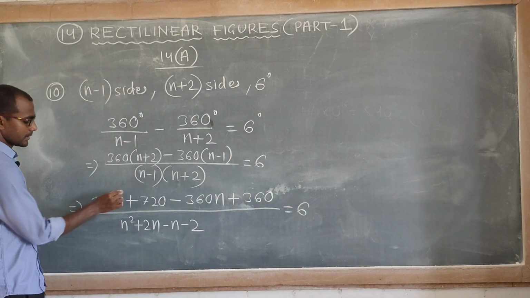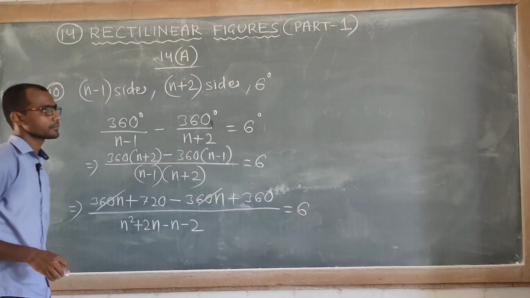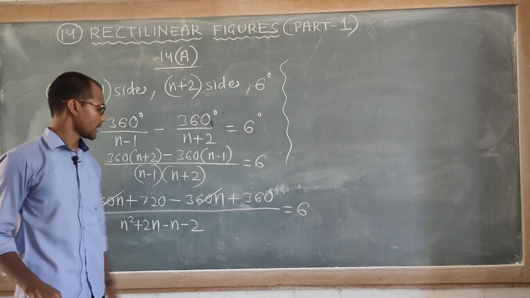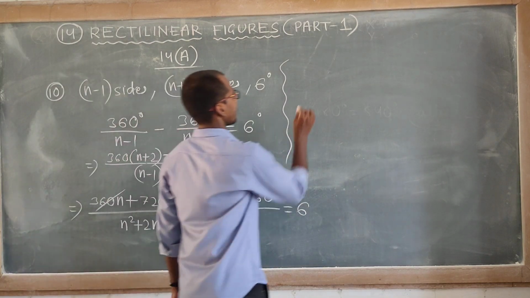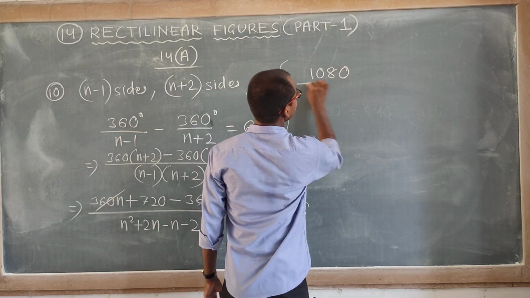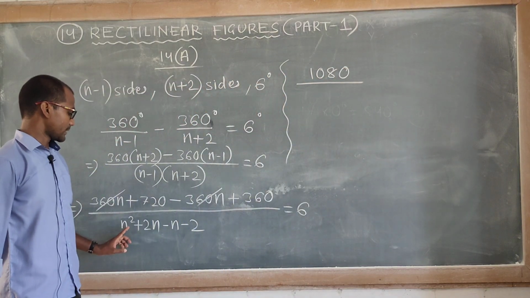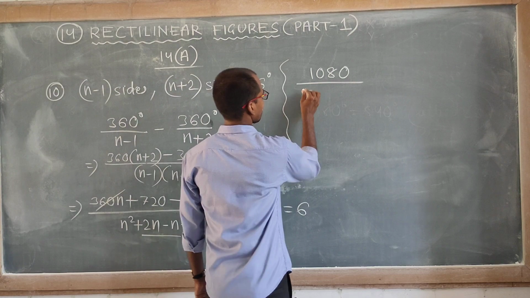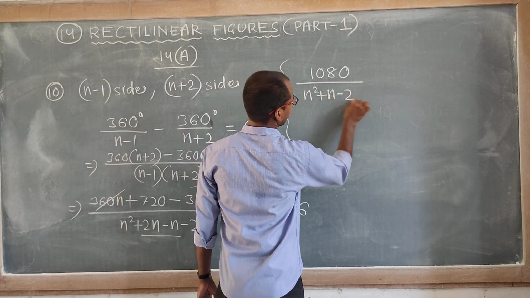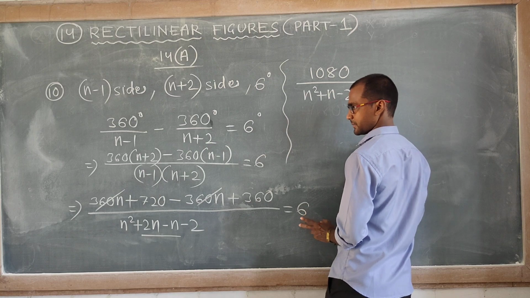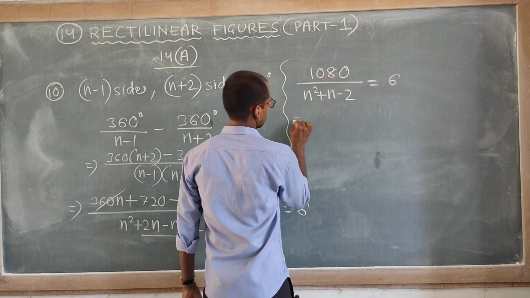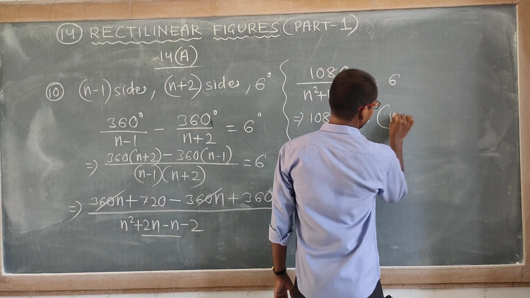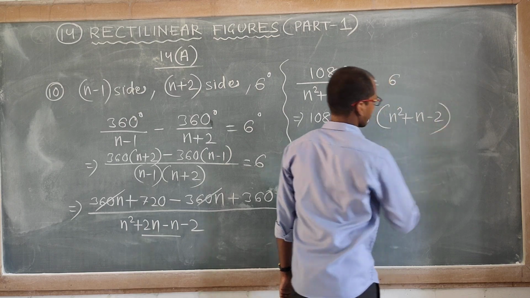We can cancel 360n and 360n. So 720 plus 360 is equal to 1080. Then in the denominator, 2n minus n is n, so it is n squared plus n minus 2, equal to 6. 1080 is equal to 6 times (n squared plus n minus 2).